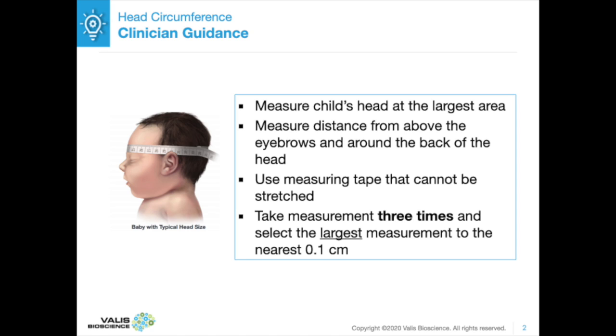As recommended by the CDC, a measuring tape that cannot be stretched will be used, and the measurement will be taken 3 times. The largest of these 3 measurements is considered the child's head circumference. Let us now have a look at the CDC video with instructions for clinicians.